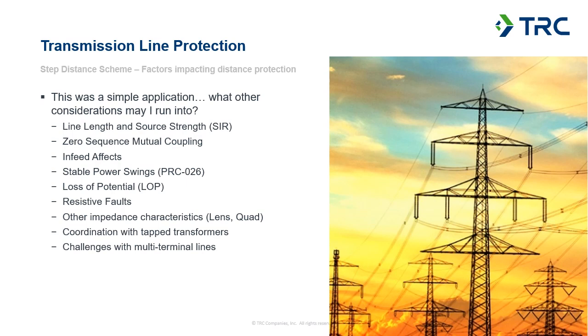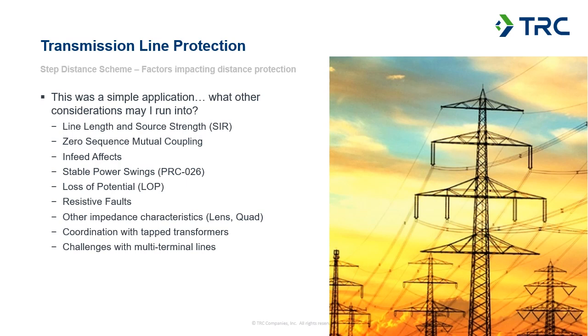We also have some other considerations for coordinating with other types of equipment. If you've got a transformer for a distribution substation that's tapped off our line, we're going to need to coordinate with that and make sure that our protection is set up in a way that it's going to maintain a connection for that tapped load.